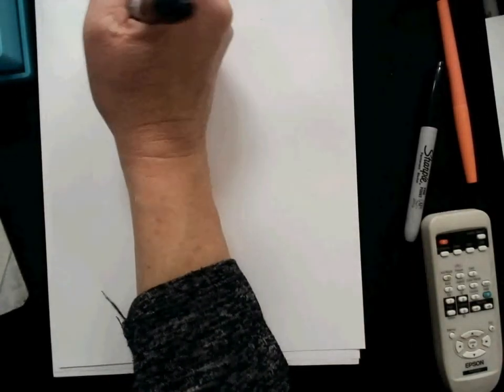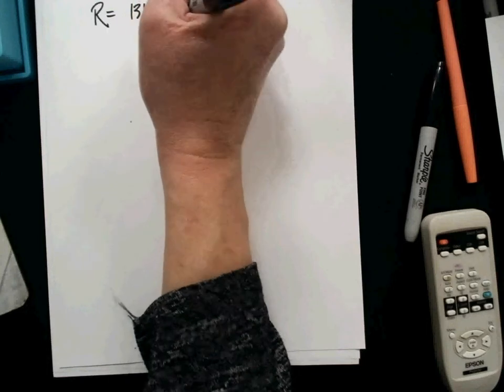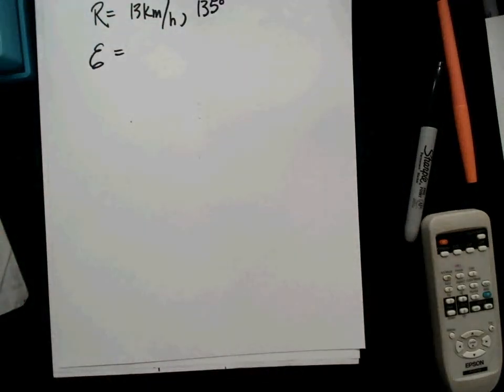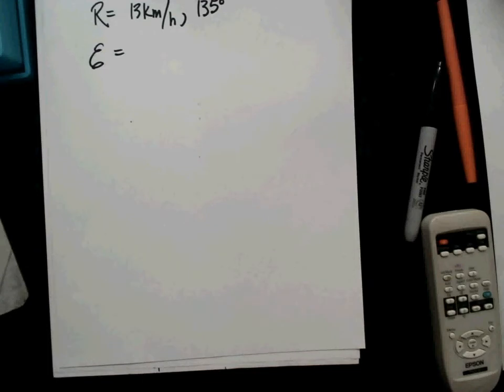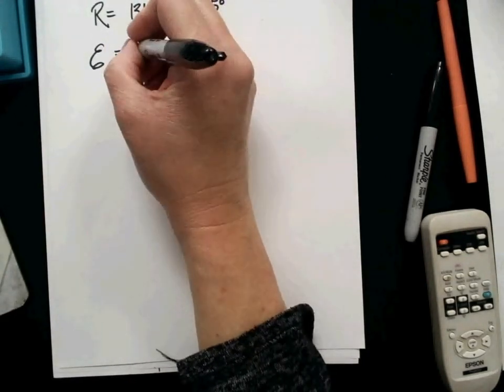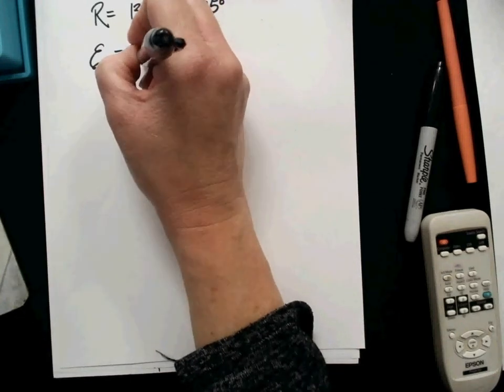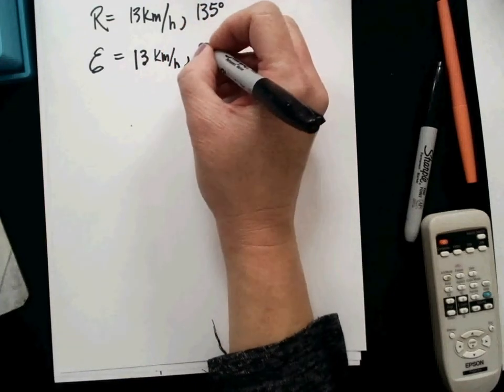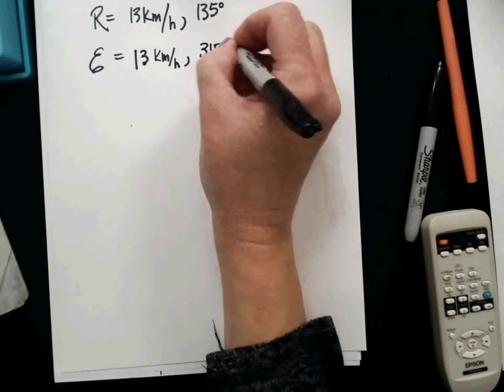If my resultant is 13 kilometers per hour at 135 degrees, get your calculator out and find your equilibrant. 13 kilometers per hour, 315 degrees. Good. Easy enough?